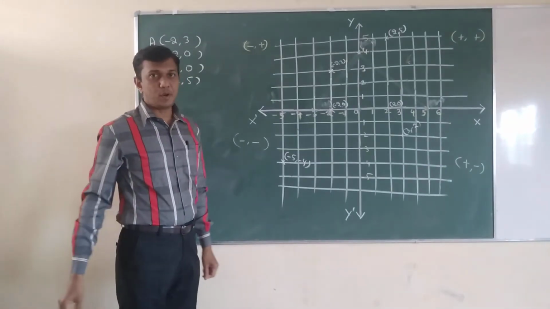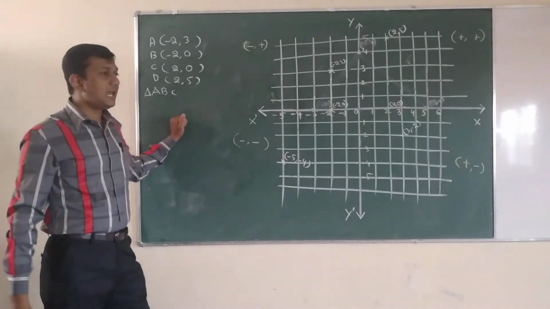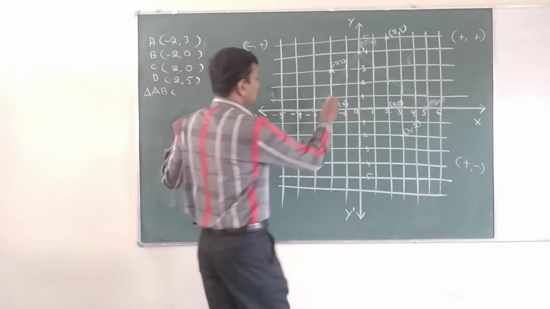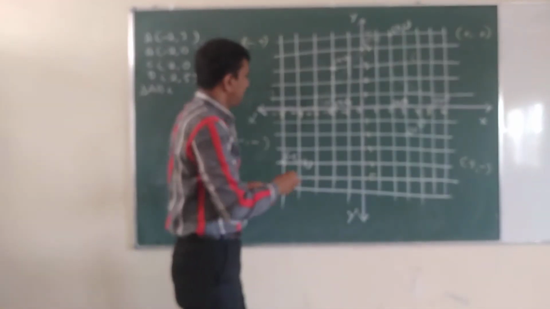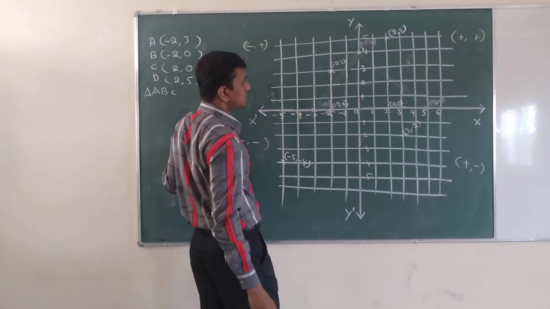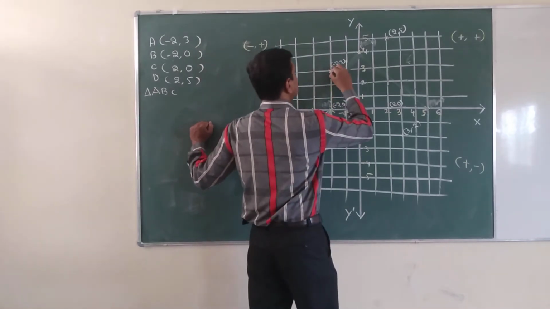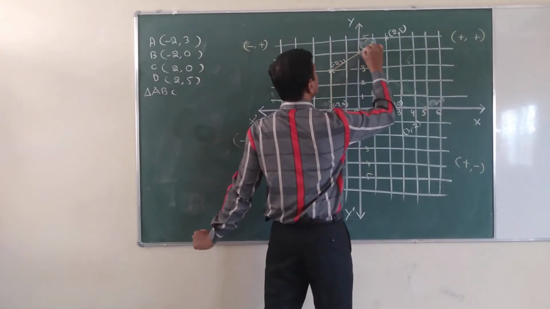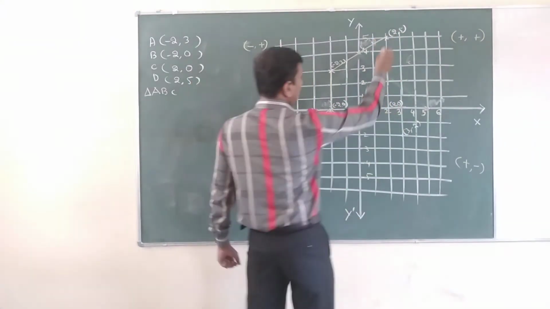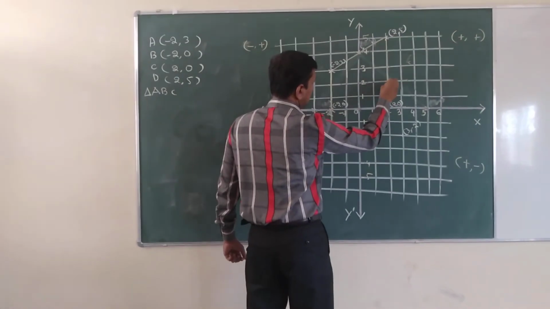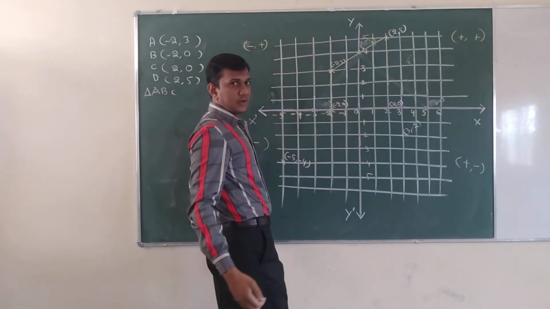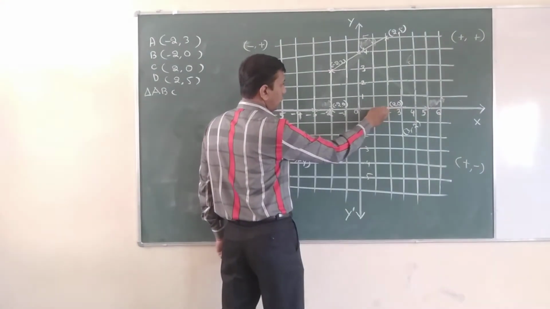Now join these points and say which type of geometrical figure you are getting. So let us join them. I have joined these 2 points, and these 2 points also have joined, and these 2 also have joined. I got 4 vertices, which means I will get a quadrilateral.